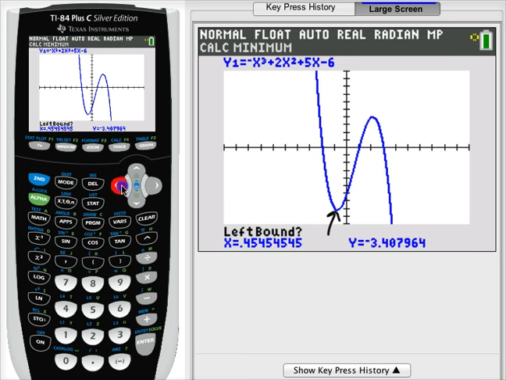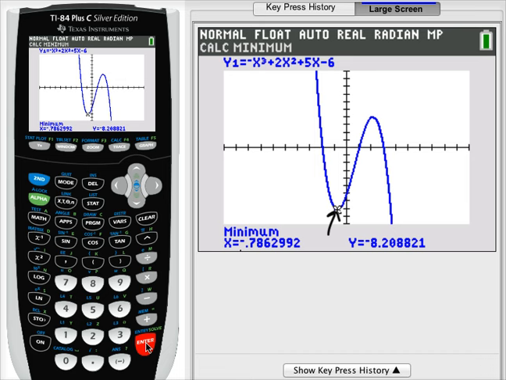So it's telling me scroll to the left. So I go anywhere to the left, hit enter. Anywhere to the right, hit enter. When it's showing my guess, hit enter one more time, and I get my two values.